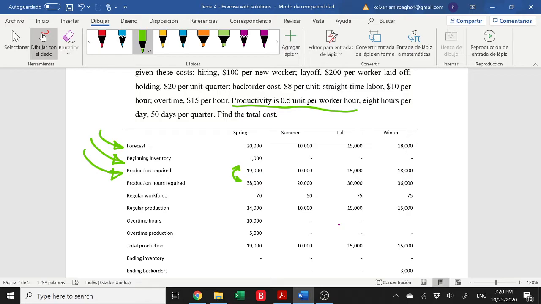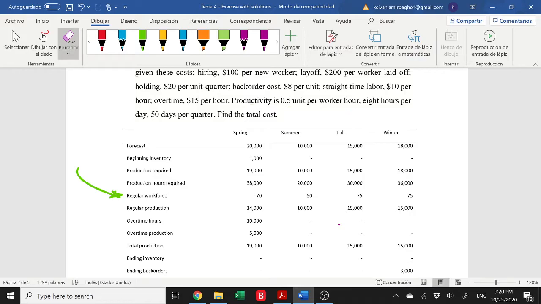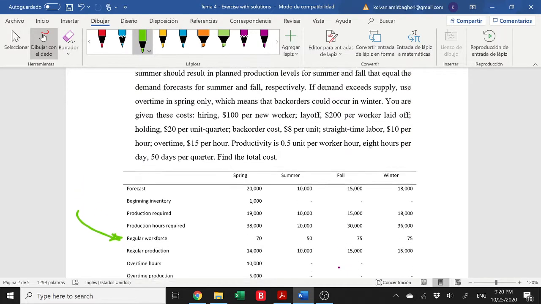Okay, guys? So, what else? The exercise says the regular workforce for our problem in spring is 70 workers. And as you saw, it doesn't give us permission to hire or fire the workers.